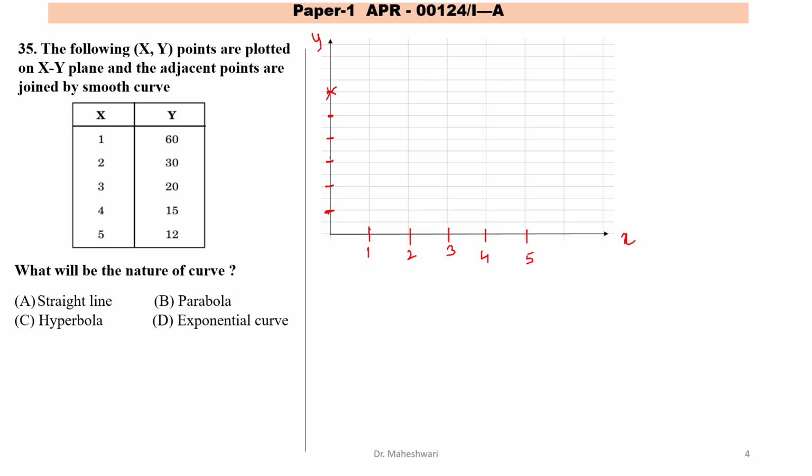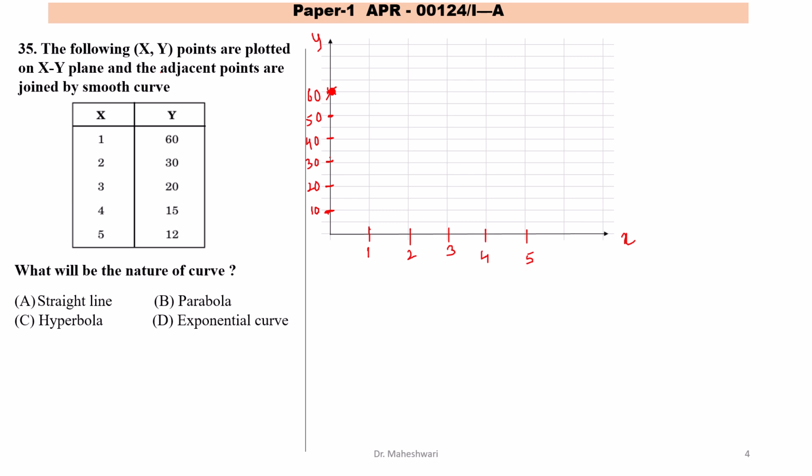Now the maximum is 60 and the minimum is 12. So let us count from 10, 20, 30, 40, 50, 60. This way you can have a difference of 10 and mark the numbers on the y-axis.